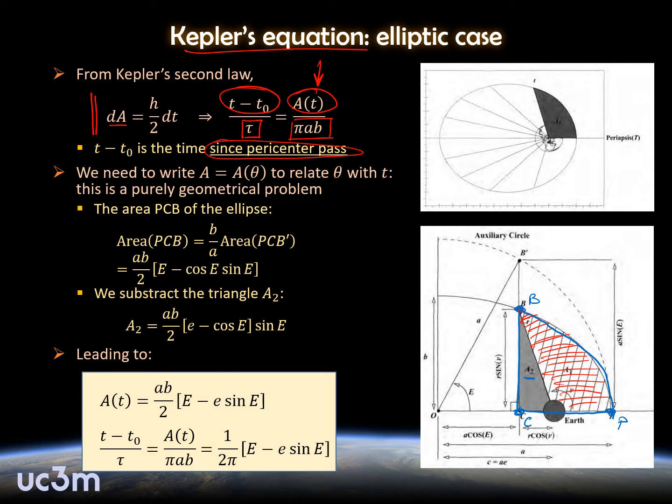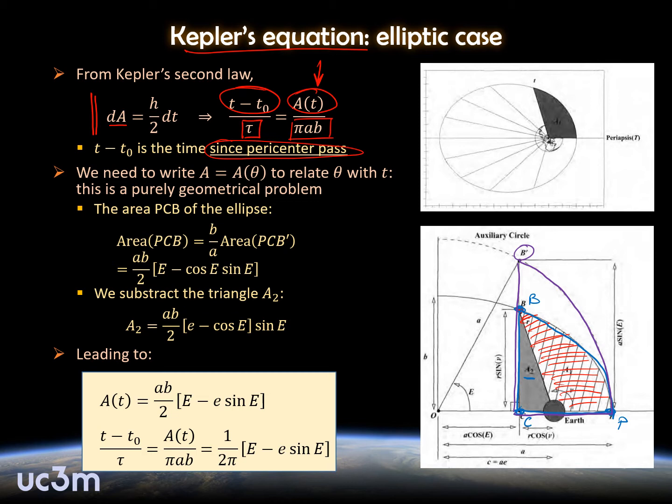Since this is a piece of the ellipse, it's actually easier to find the corresponding area in the auxiliary circle. Remember that the auxiliary circle is your friend for this type of calculation. So instead of computing that directly, we are going to compute this: the PCB prime area.